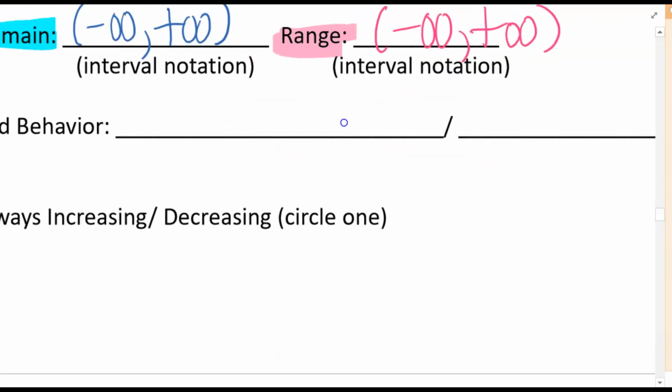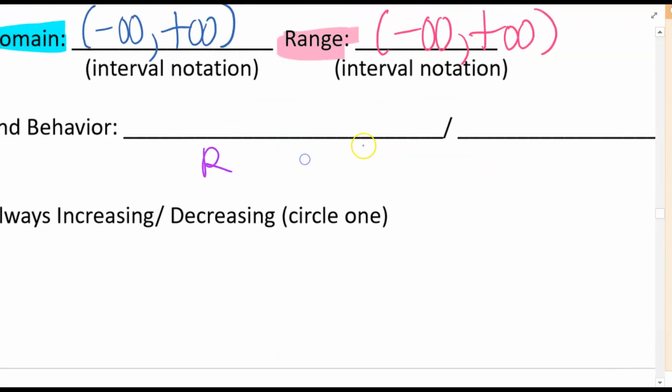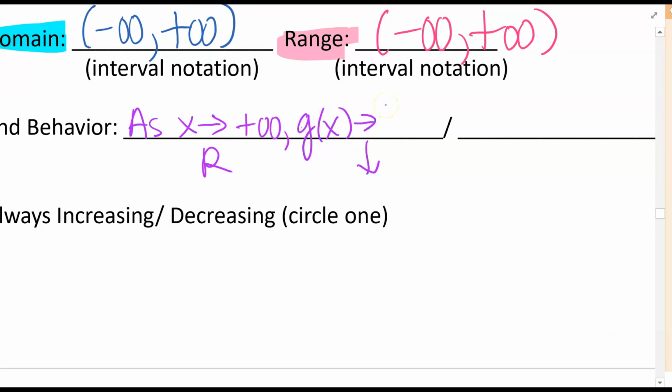So this is a right down. So the right down, we're going to start as x approaches, which infinity is the right side? Positive. The function g of x is going downwards, which infinity? Negative.